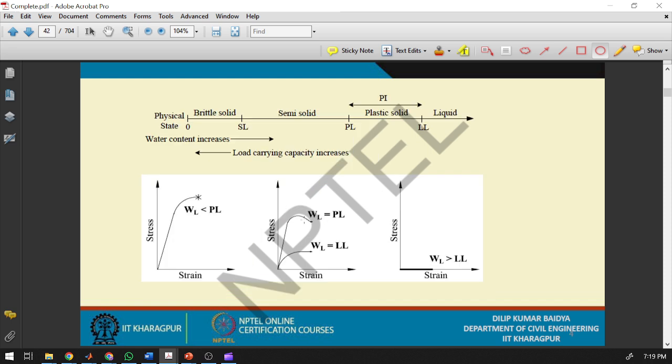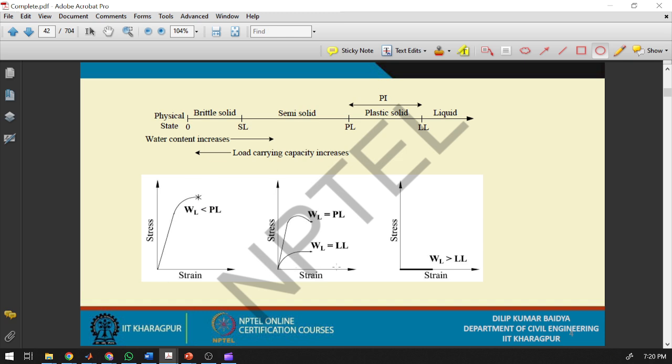Okay. So next we talk about the stress-strain relation. For soils, this will be a brittle solid. It will fail very suddenly.